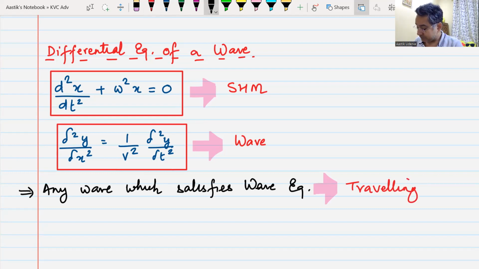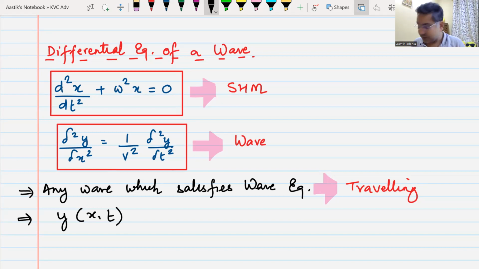Any wave where y can be represented as a function of x and t. We have seen it in the form of a sine wave, but it may not be of the form of a sine wave. Sine wave is one of the simplest waves that we can understand. That is in our course.